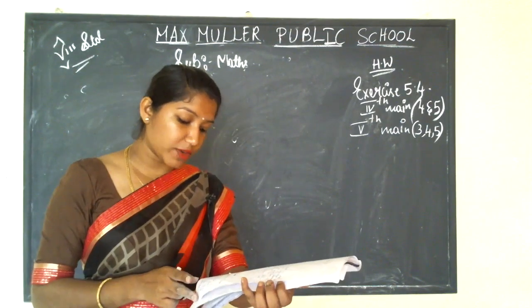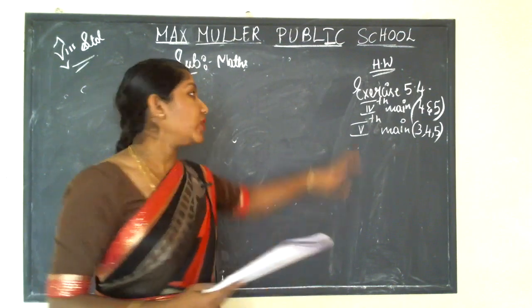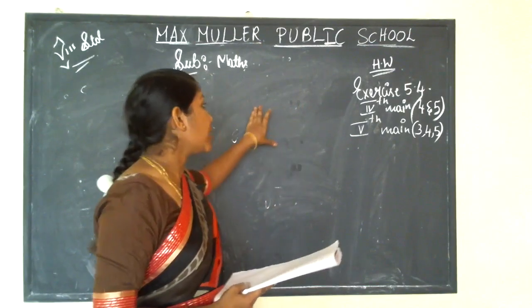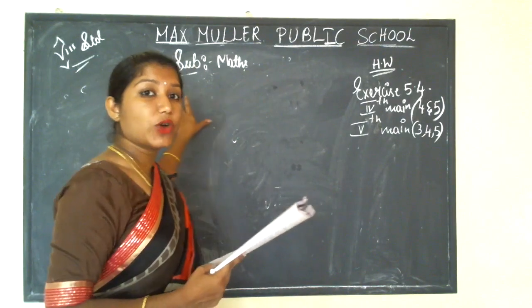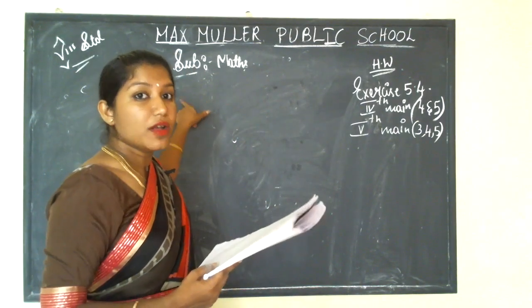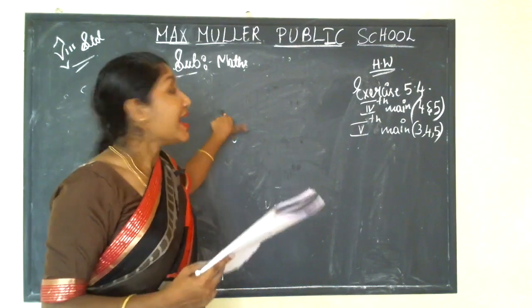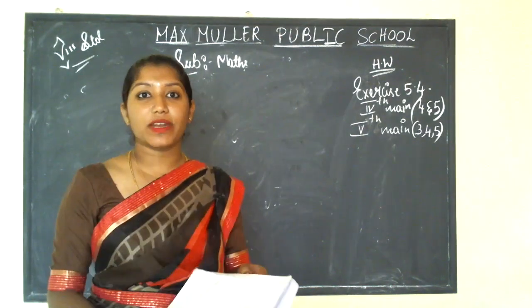How many children would be left out in this arrangement? Like that only you have to do. First, what you have to do? You have to divide the number, then see what number you have got. The next number you have to find out will be the perfect square number, and this number minus that number, if you do, you will get the answer.